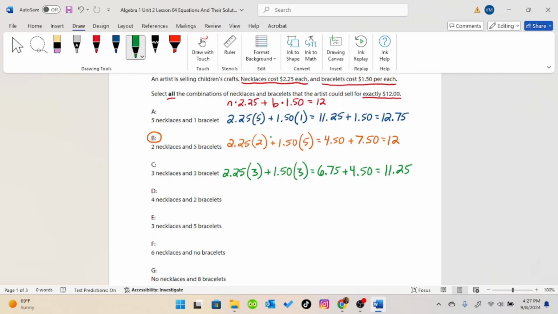That is not $12, so C is not a possible combination.